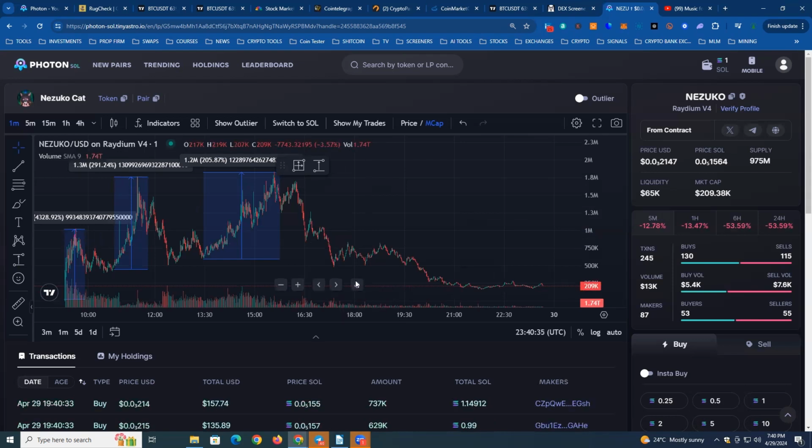Now, like I told you, coins in this particular marketplace will run up quickly in spurts. You normally would have what they call two bumps if the coin has reasonable liquidity and supply. You will normally have two spikes from the launch of the coin.